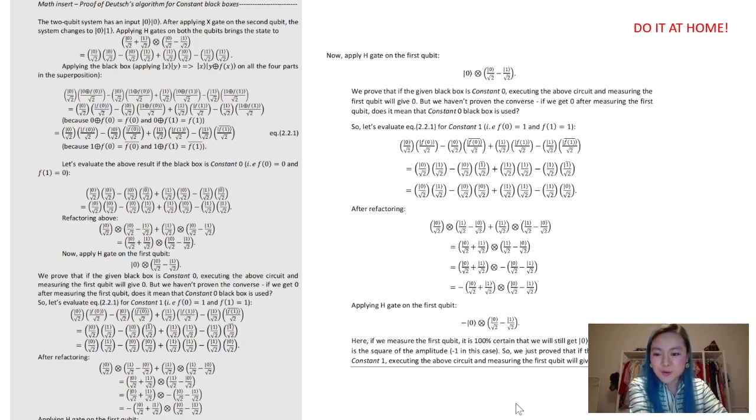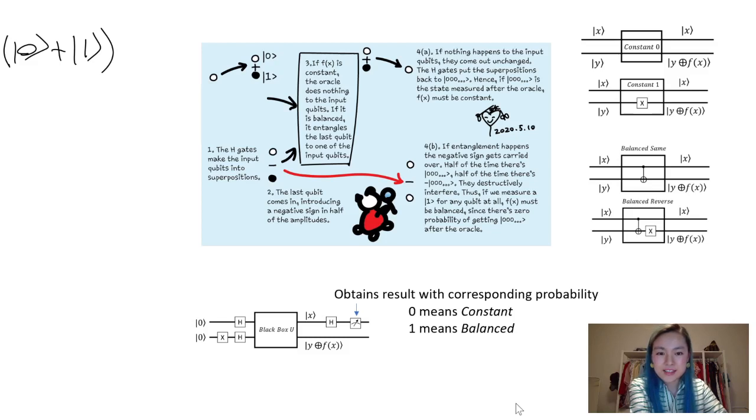So what we can do is just intuitively look at those gates, as I mentioned for Deutsch-Jozsa earlier. All you are doing is making your state into a superposition and then introducing a negative sign.